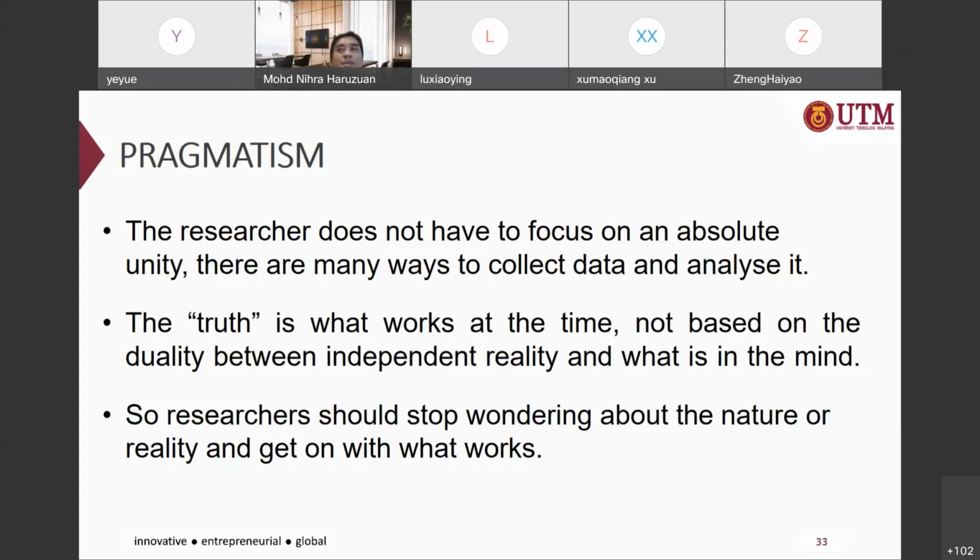So if you need to start with quantitative because you need to have some preliminary data, you can start with the quantitative.